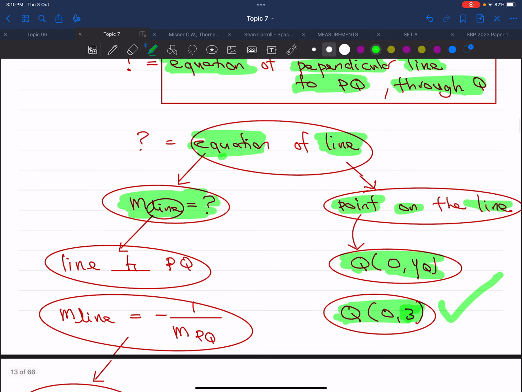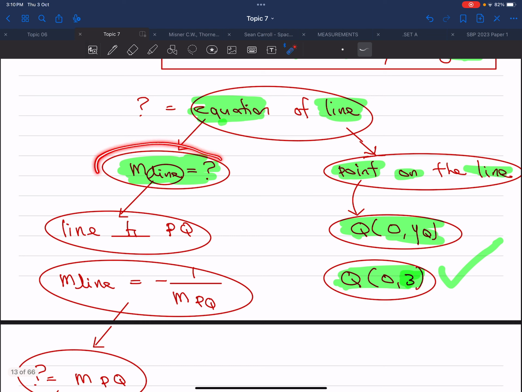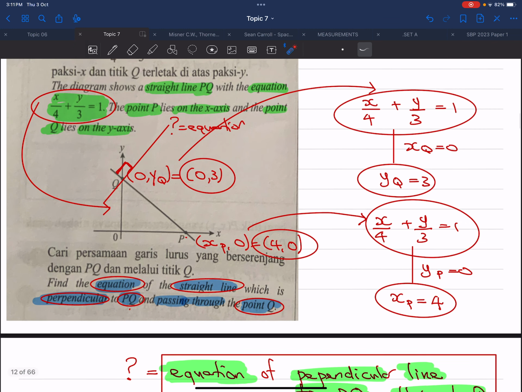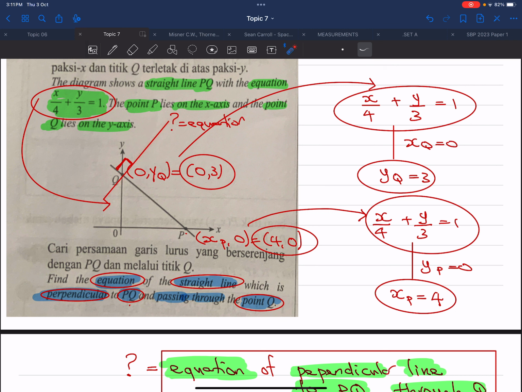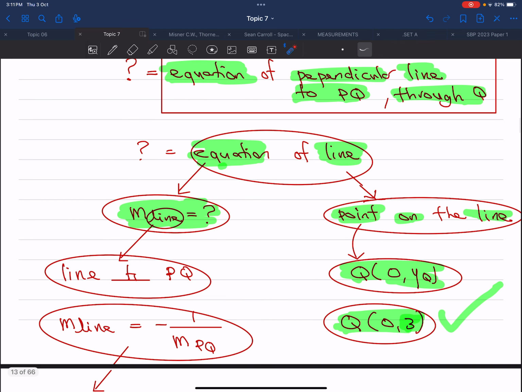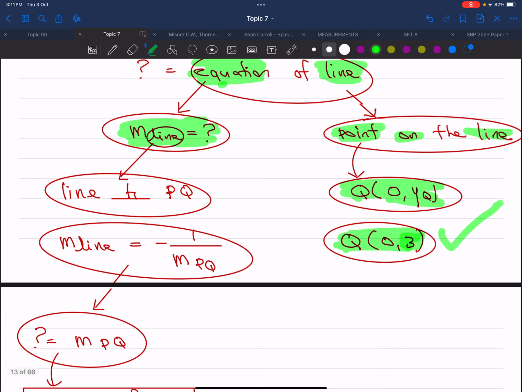Remaining now, we have to find the gradient of the line. The key word is the line. You notice it is perpendicular to the line PQ. From the notes, when two lines are perpendicular, the gradient of one line is negative 1 over the gradient of the other line.